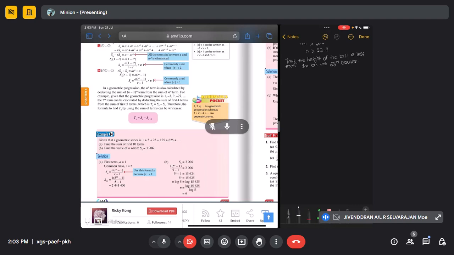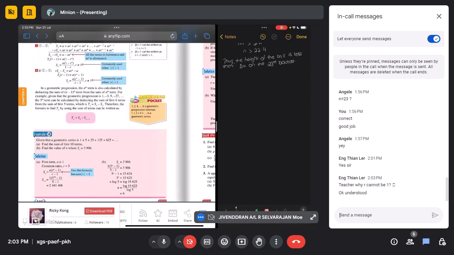Anything you divide by 0 will be a math error. You can try pressing in the calculator, 5 divide 0, 6 divide 0, you will get math error or undefined. So that's why r cannot be equal to 1.